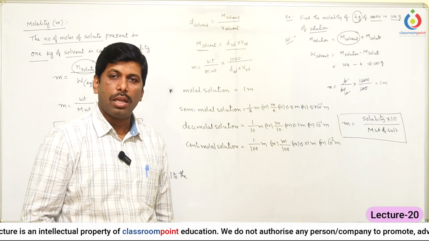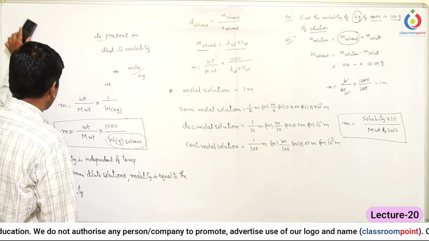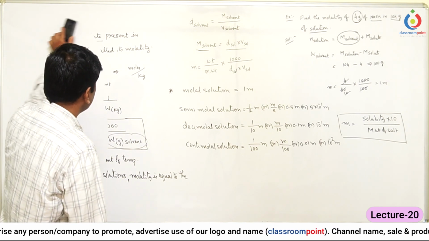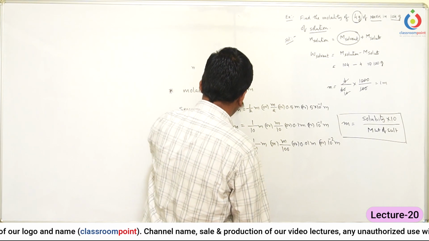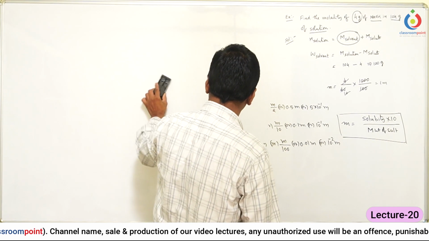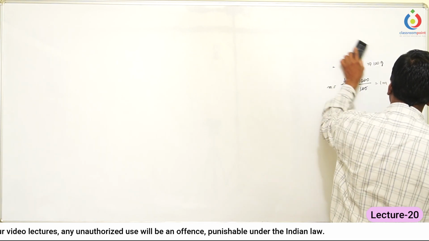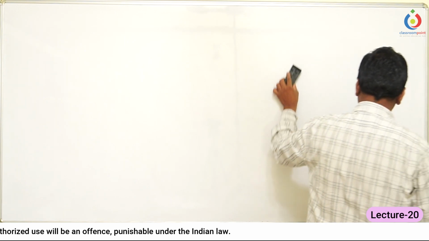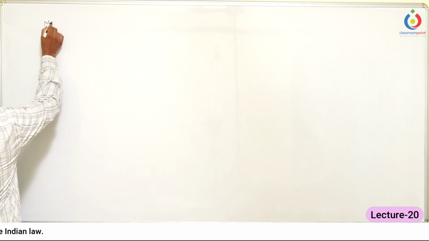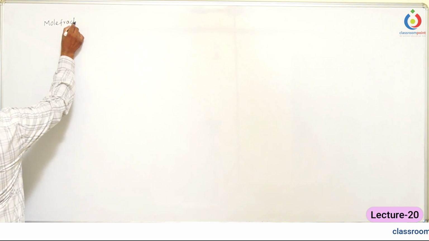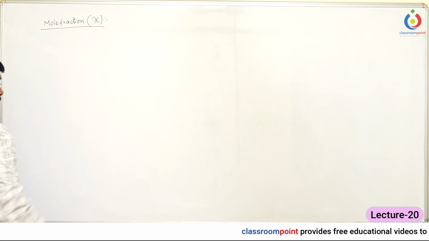Now let's begin another concentration term, mole fraction. Mole fraction is represented by the symbol chi.